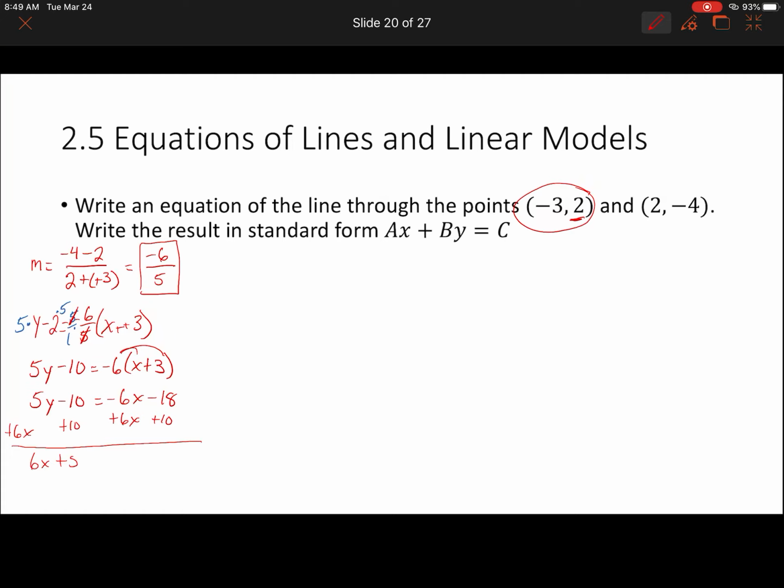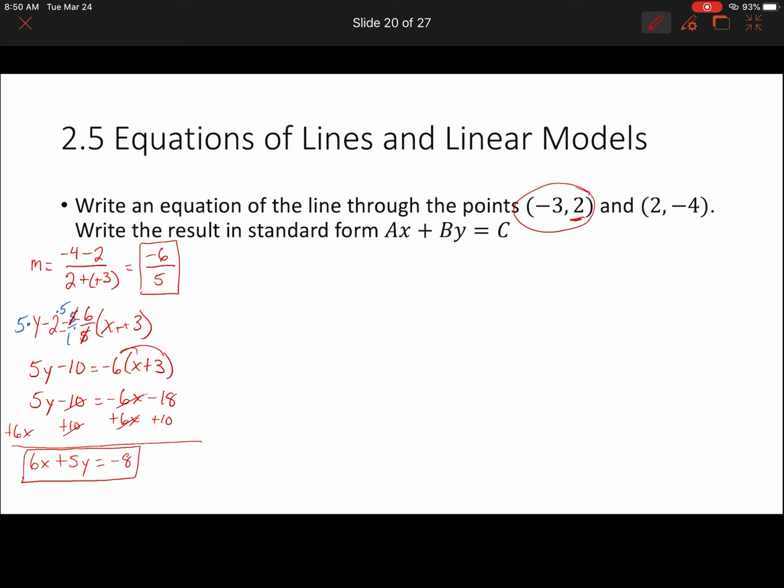That way we move the constant to the other side. And so we end up with 6x plus 5y. Negative 10 plus 10 does cancel. Negative 6x plus 6x does cancel. And negative 18 plus 10 is negative 8. And so there is our equation in standard form.